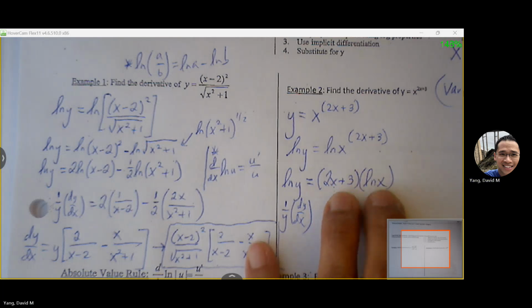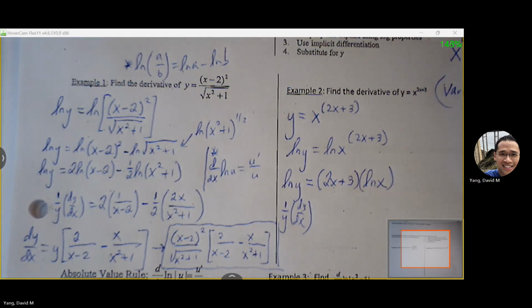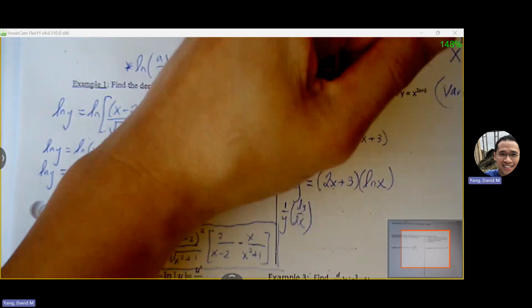What do you think? Product rule. You see that 2x plus 3 is its own thing multiplied by natural log of x. These are not inside each other. They're outside of each other. They're separated by a multiplication operation. So we have to go through product rule here.